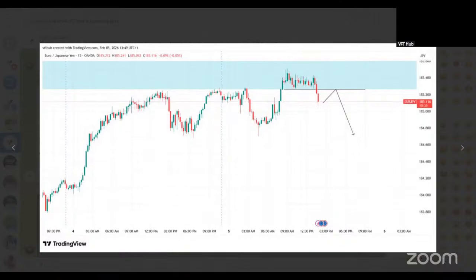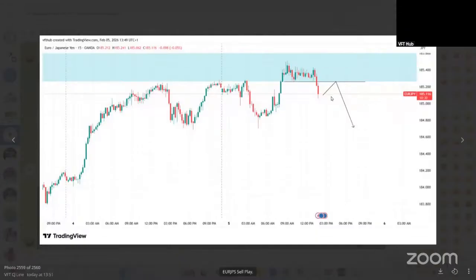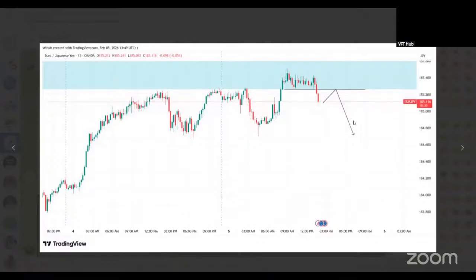Once price gets into this region here, we're going to take our sell on Euro JPY. So quickly, I'm going to take my sell on Euro JPY from here because price has gotten into the region.